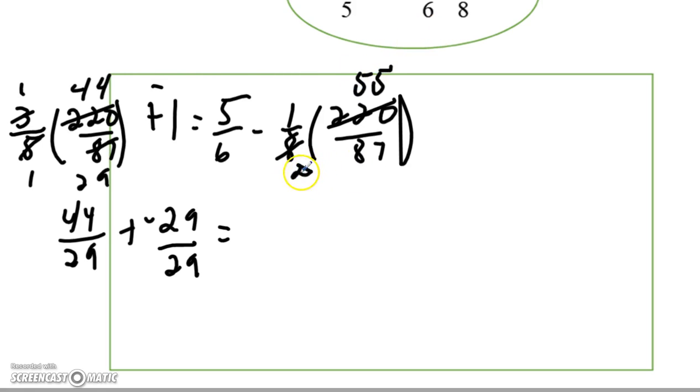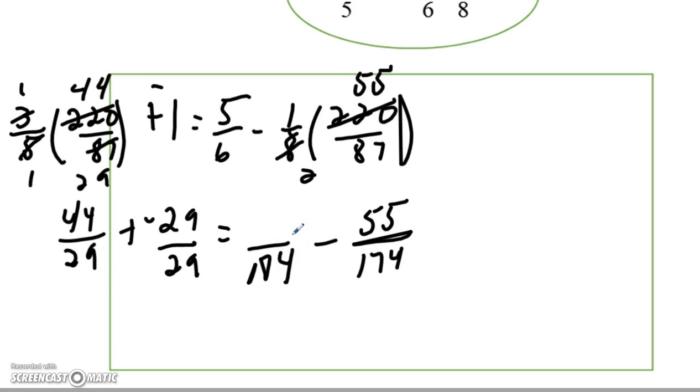And I apologize, it's supposed to be a 2. 2 times 87 is 174. And the reason I'm writing that first, I have minus, and I have 1 times 55 is 55. Because I want to rename 5/6, so it has a denominator of 174.